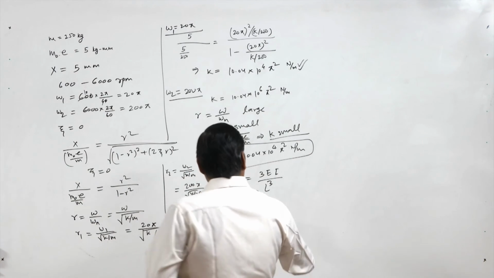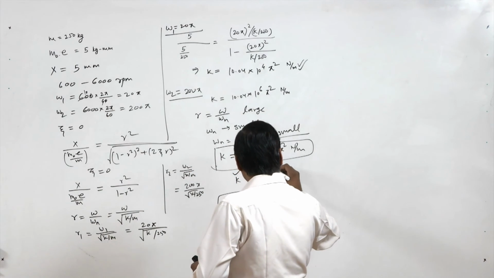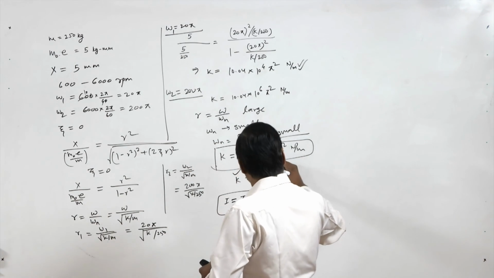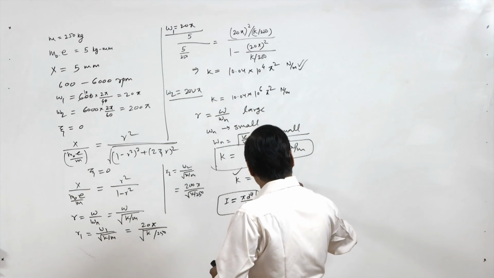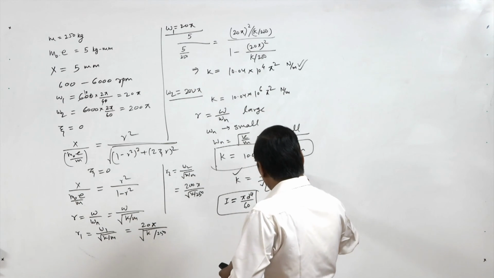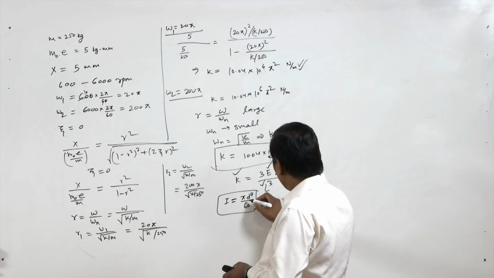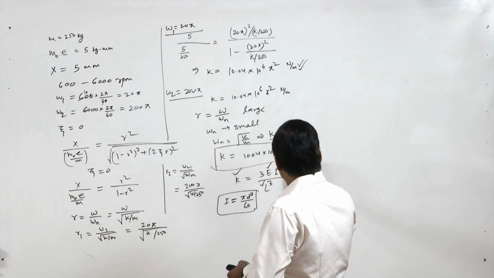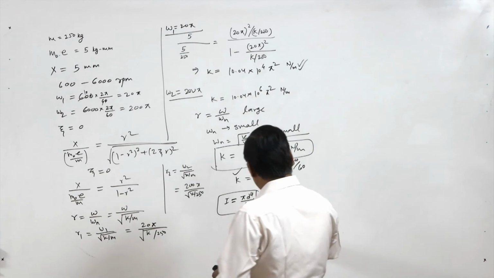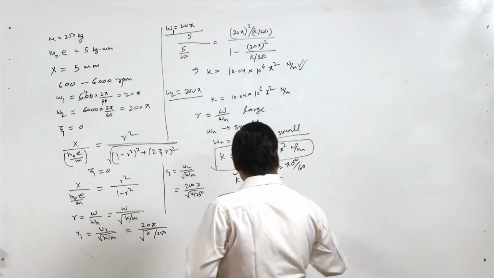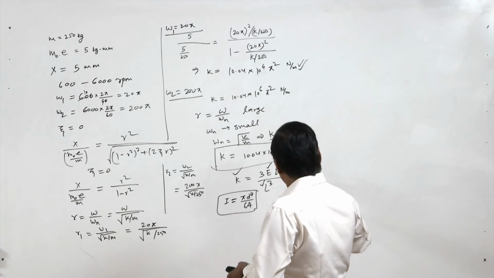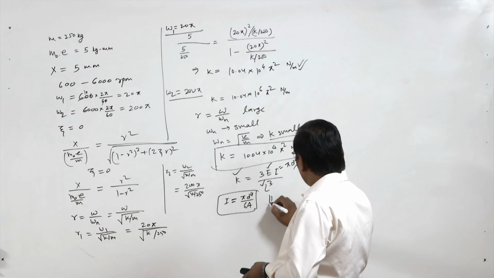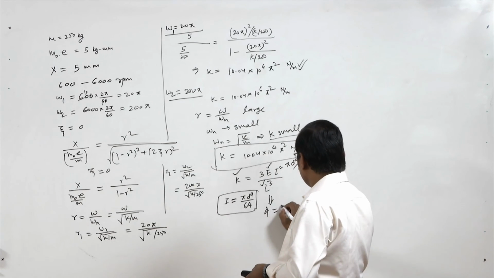So we know k, we know E, if it is steel it is 200 gigapascal, we know L, and we can replace I equal to pi d4 by 64. From here we can get the diameter.